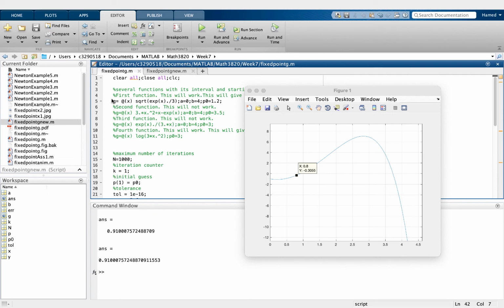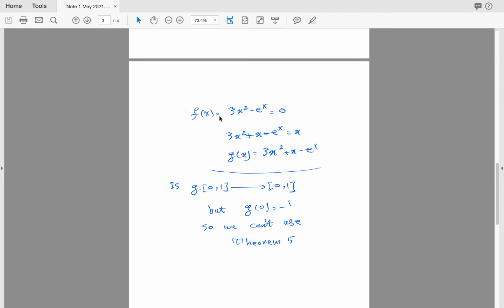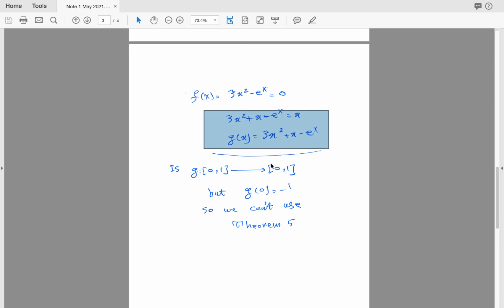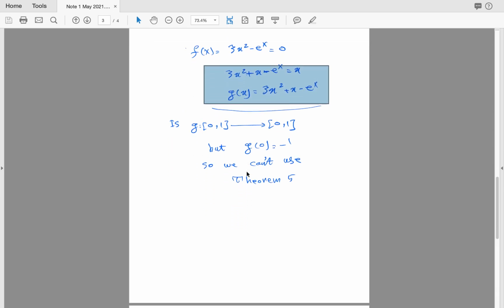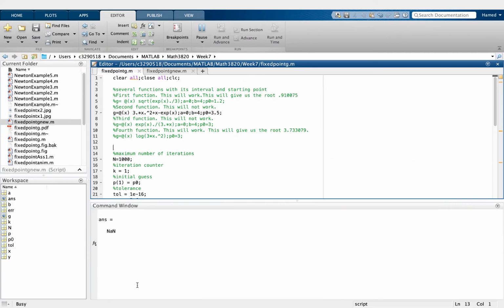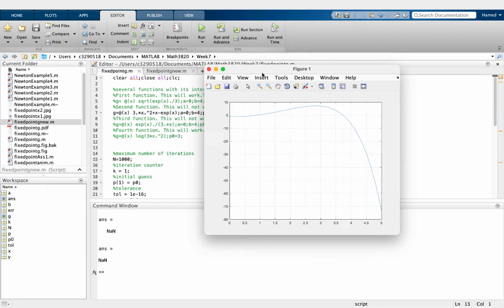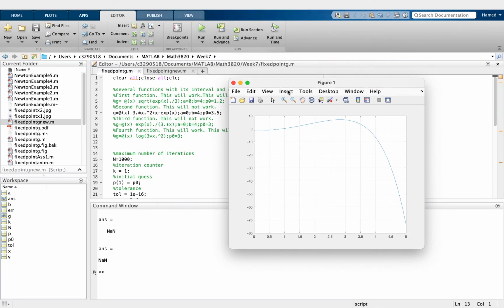And actually it is very important to obtain an appropriate g of x. So we can write g of x in another way here. We can just add x on both sides of f of x. So g of x can be defined as you can see here, but it is obvious that g does not satisfy theorem 5, so running the code with this g of x will not work.